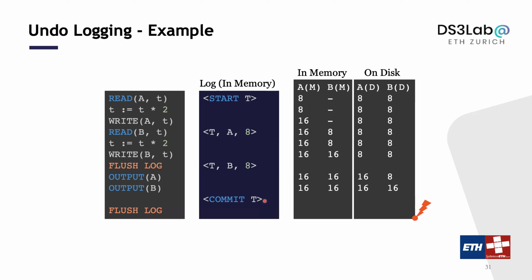What if the system crashes here? In this case, when you restart the system, you see 4 log records. And you know, okay, all the changes from this transaction are already there, being reflected. I have a commit record in my log file. Maybe I hadn't told the user the transaction committed yet.